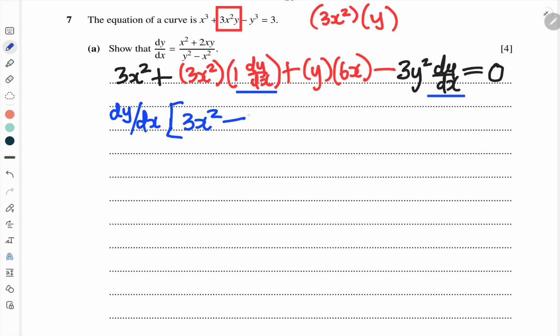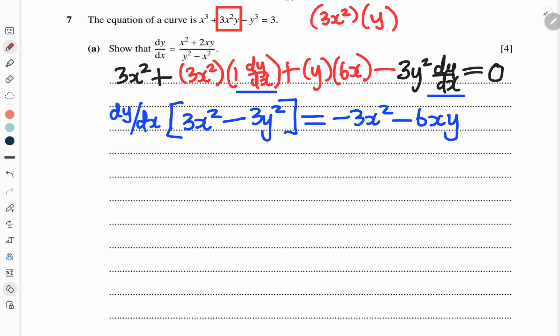Dy/dx factored out from the second term is negative 3y squared, and it is equal to, you take all the other terms, the terms without dy/dx, to the other side. So we are taking negative 3x squared and negative 6xy to the other side.